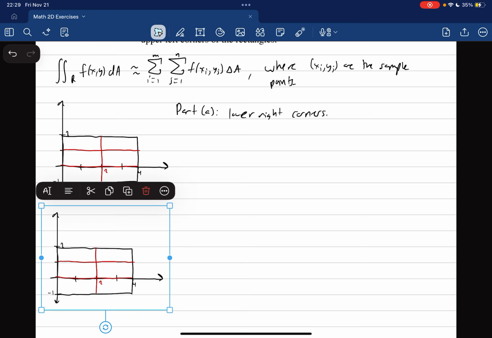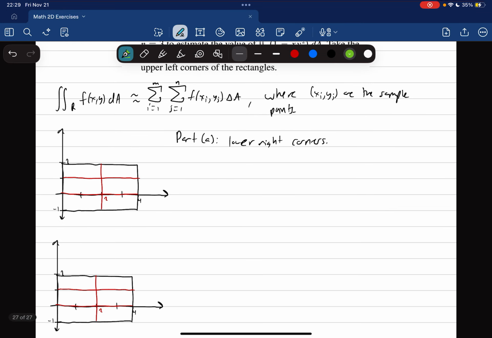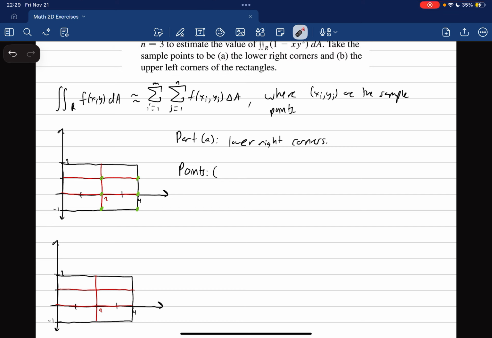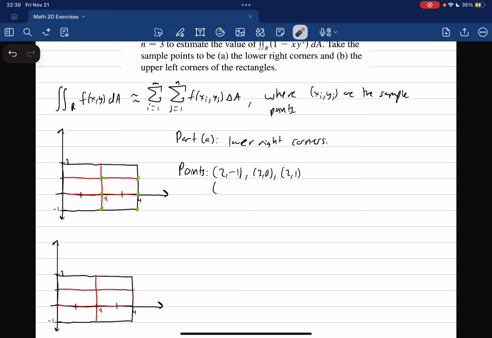There's my copy for part B. But for part A, they want the lower right corners, which are going to be these points right here. If we list these out, the points are 2, -1, 2, 0, 2, 1. And also, the other points are going to be 4, -1, 4, 0, and 4, 1.